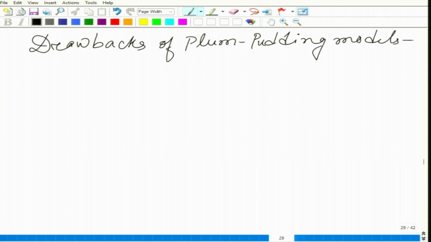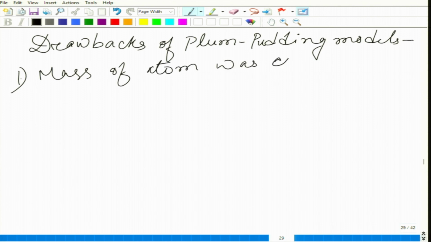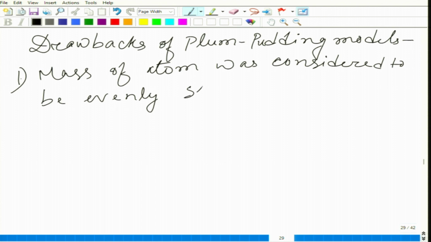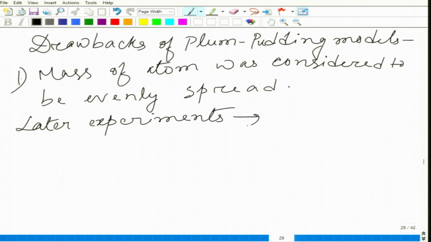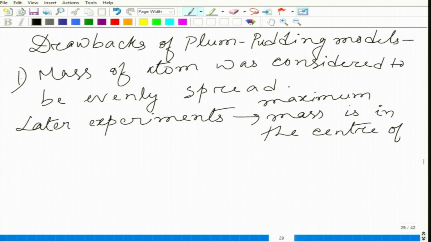The first one was that the mass of the atom was considered to be evenly spread. What later experiments showed is that the maximum mass is in the center of the atom.